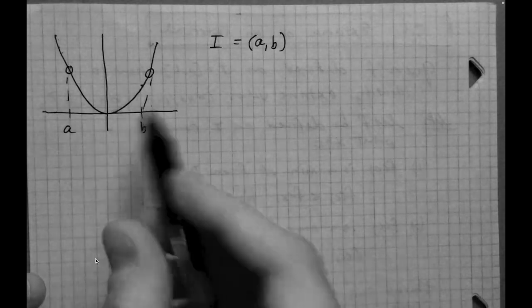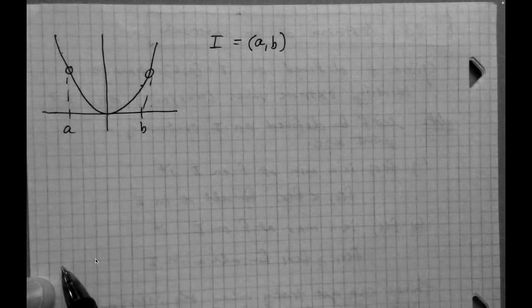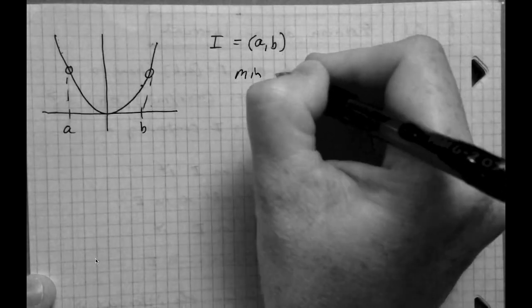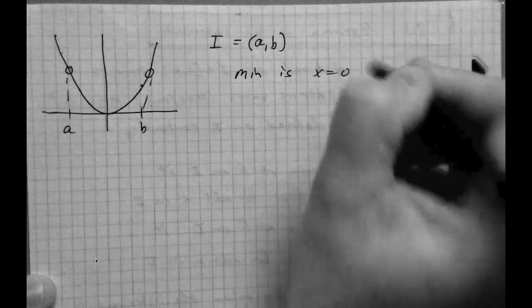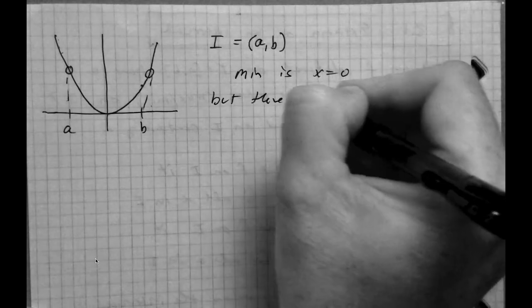So in this case, yes, we do have the minimum between a and b, that's x equals 0. So the min is at x equals 0, but there is no maximum.